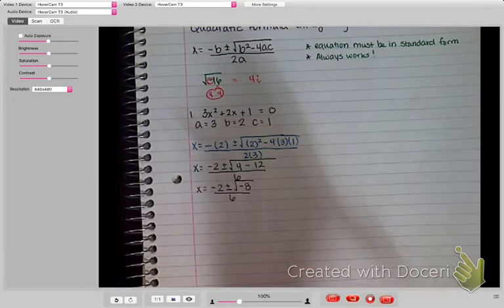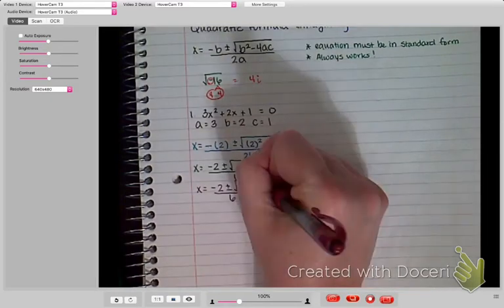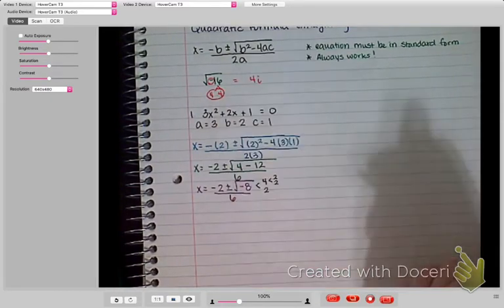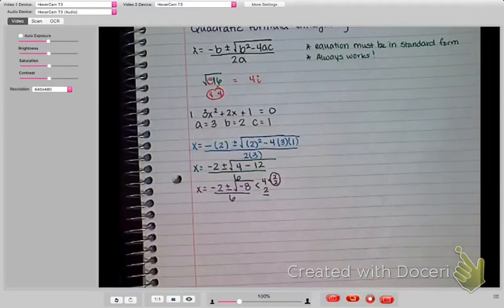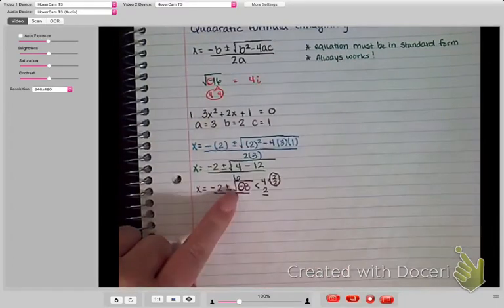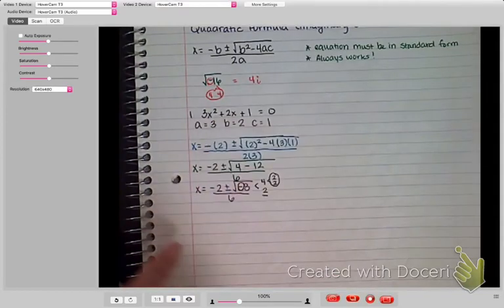In this case, I know it's not a perfect square, but I can break it down. 8 breaks down to 4 and 2, and then 2 and 2. So I have a pair of 2's and a leftover 2. You'll also notice that you have this negative that's going to come out with it, right? That negative comes out and becomes an i, just like it did up here.